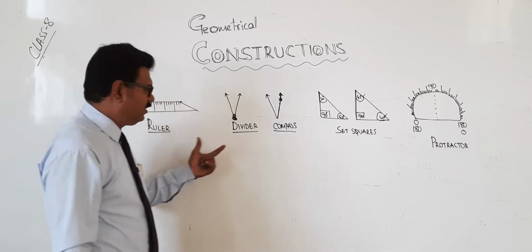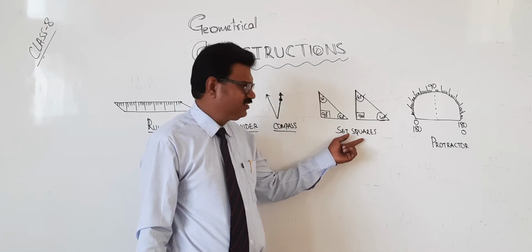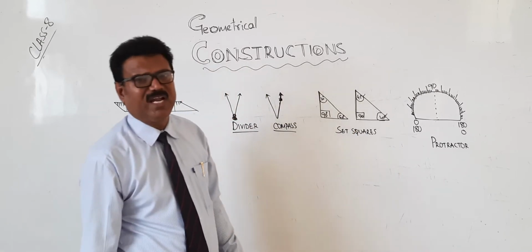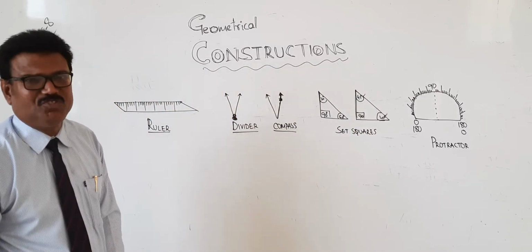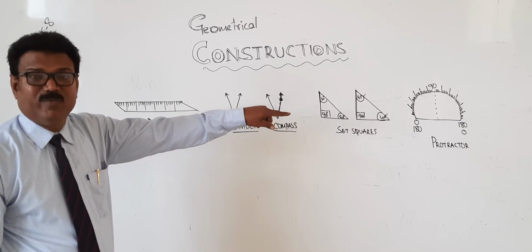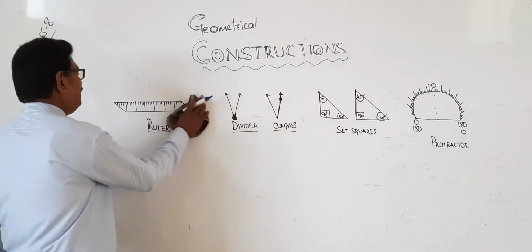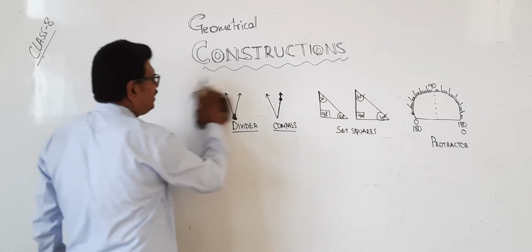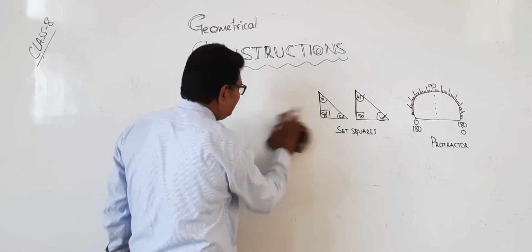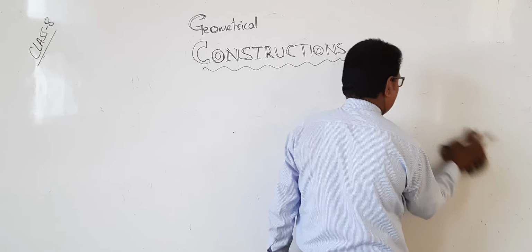One is the ruler, next the divider, compass, and these 2 are friends, set squares, and the last one is the protractor. Okay? If you open your geometry box, you will come to know all these and their work. Did you understand? Yes. Next, we will see how to construct sides, how to construct angles. Very important. Okay? Right.